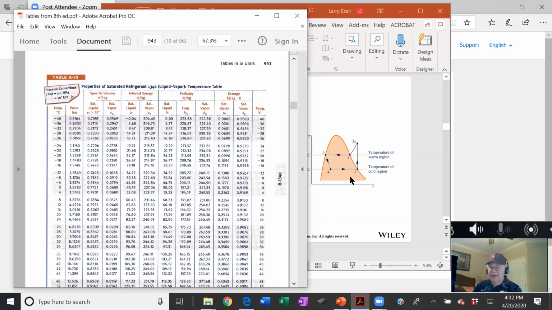Now, 95 degrees F, minus 32, divided by 1.8, is 35 degrees C. So we're about 9 bar. I need to write this down. But anyway, we'd go about 3.5 bar up to 9 bar.